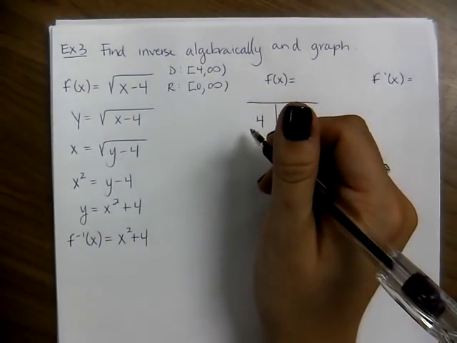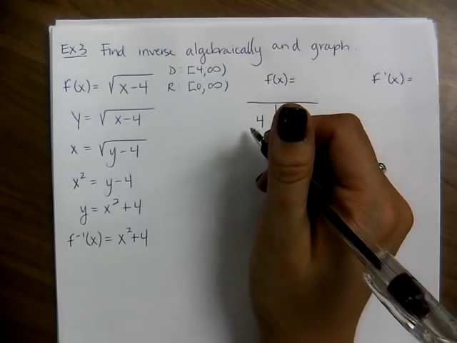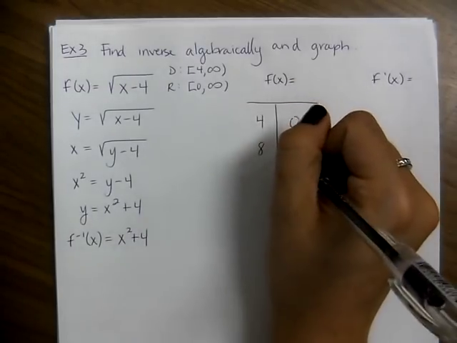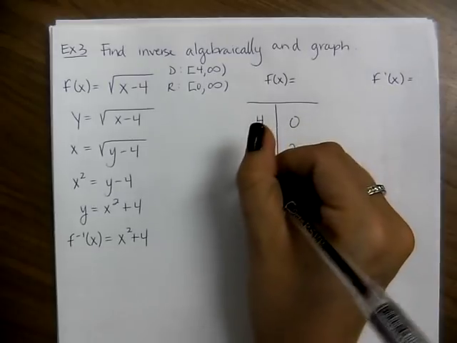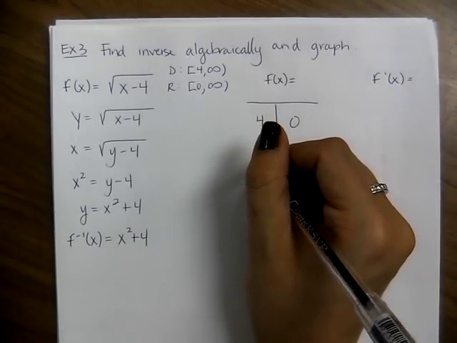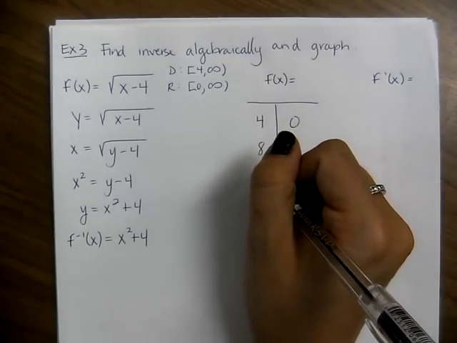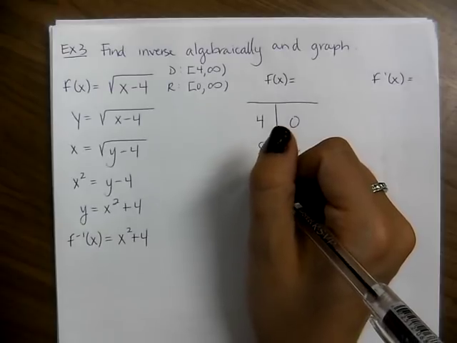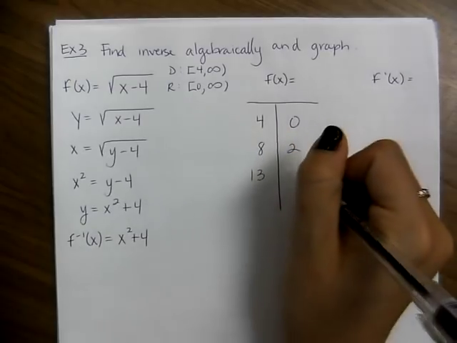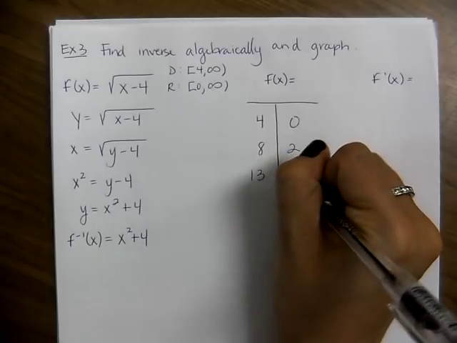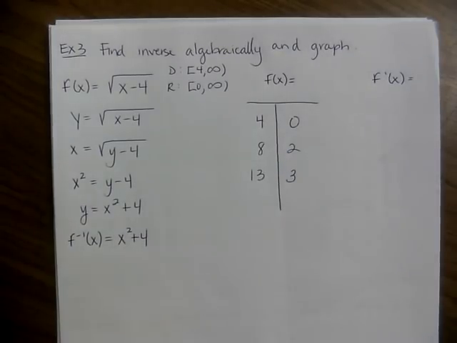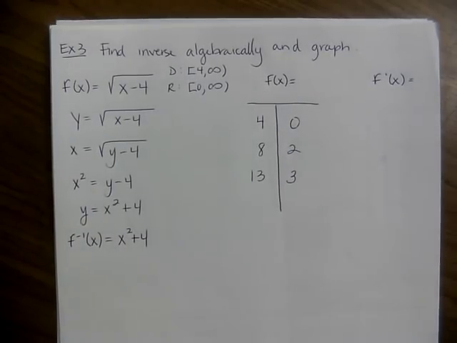Let's see, the next number you'd want to plug in is, what, an 8? Okay, so if I plug in 8, I get 2. And what's the next one? 13 minus 4 gives me 9. Square root of 9 is 3. So that's good. When you're doing the square root, you don't need a ton of points, okay?